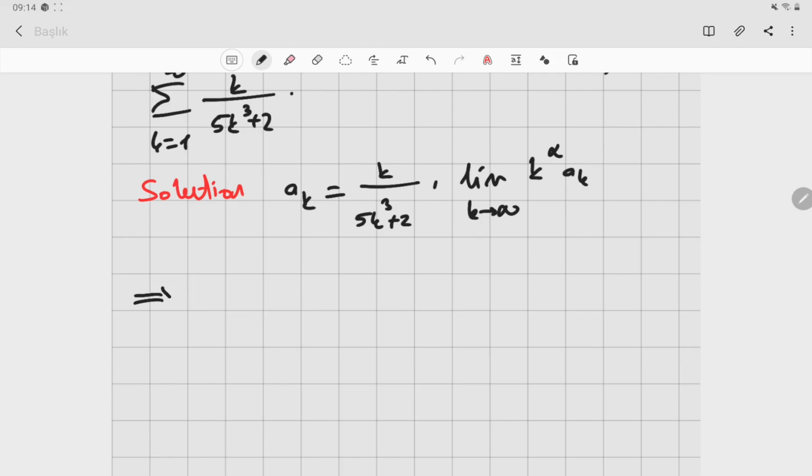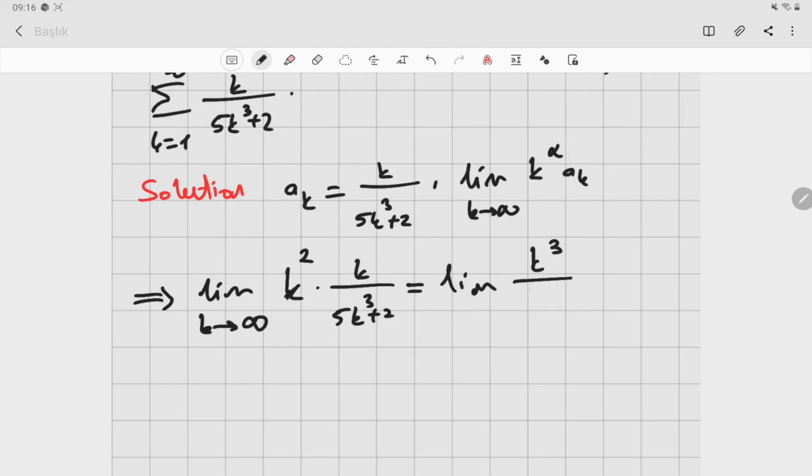So let's choose alpha equals 2, and k squared over 5 times k cubed plus 2 equals, okay, we are going to calculate this simple limit, which is 1 over 5.